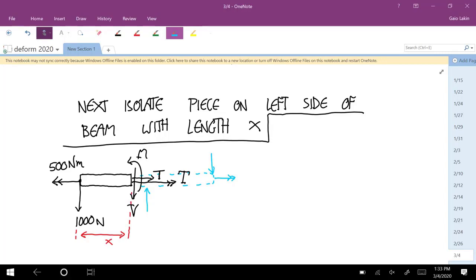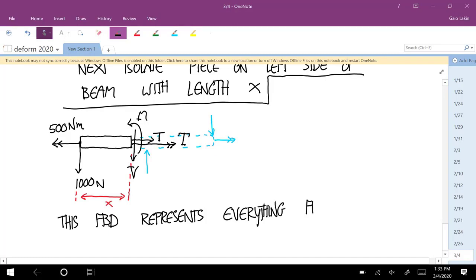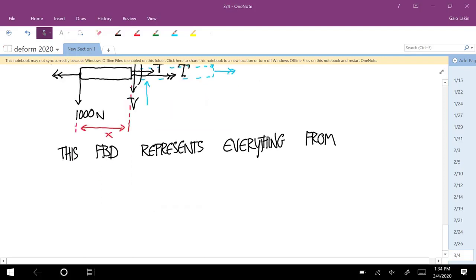So let me write this down. This free body diagram represents everything from, okay, at one extreme is this, where we're leaving all this off.